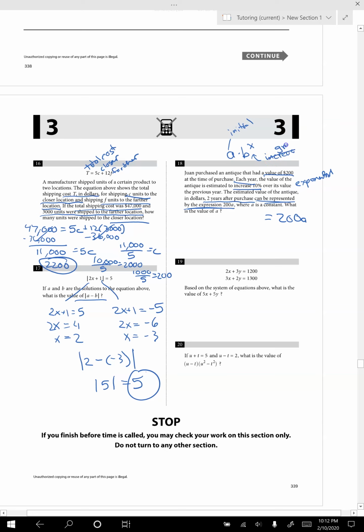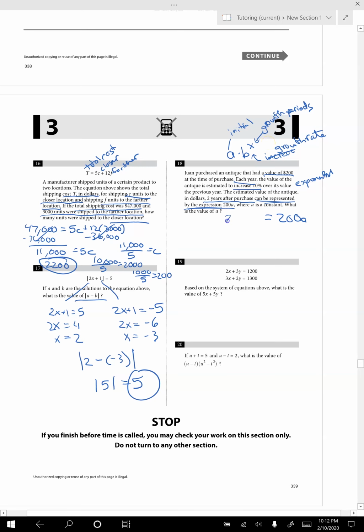Let's just say growth rate because it could be negative. And then here we have the growth periods. So how many times it doubled or tripled, or how many times it went up by 5% or down by 10% or whatever. Okay, so let's fill in what we have.